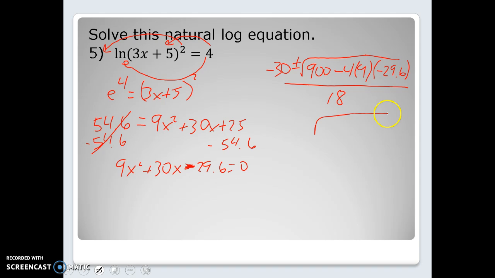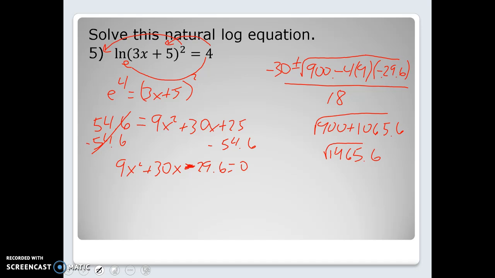So inside the square root sign, we're going to have 900. Two negative signs is going to be a positive. And if I take the 29.6 times the 4 times the 9, I'll get 1065.6. And if I take that number and add the 900 to it, we're going to have the square root of 1965.6.